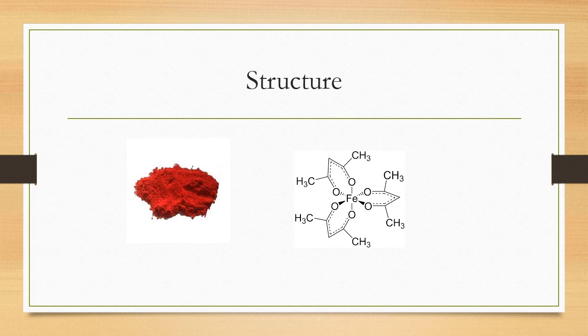You can check from the figure that Fe at the central position is linked to a total of 6 oxygen atoms. One acetylacetone unit is linked to the central Fe by 2 oxygen atoms as the donor atoms. So there are 2 points of attachment for each acetylacetone unit. The total number of bonds is 6, out of which 3 are coordinate and 3 are covalent. A coordinate bond indicates that a lone pair of electrons is transferred from oxygen to Fe.